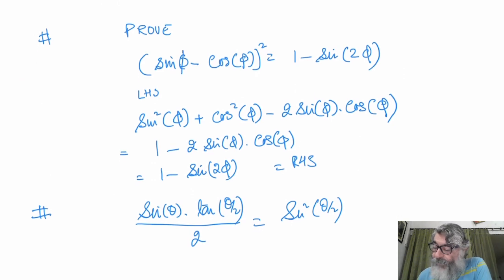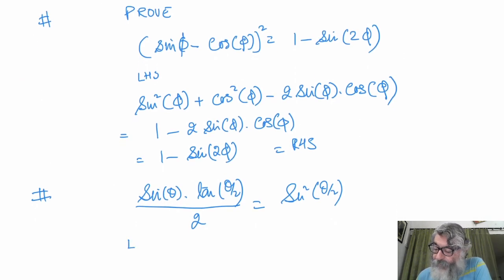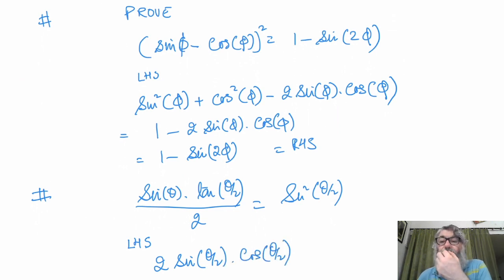So if I am doing left hand side, because I am seeing the answer is in half angles, so sin theta is given. So sin theta I can write 2 sin (theta by 2) cos (theta by 2), because sin 2 theta is 2 sin theta cos theta. So sin theta will become 2 sin (theta by 2) cos (theta by 2), half angle formula, upon 2, and tan (theta by 2) is there.